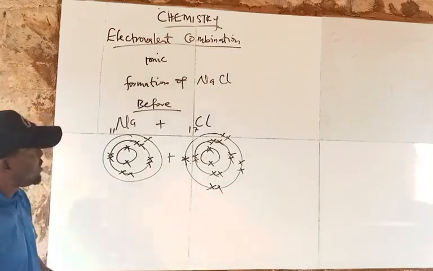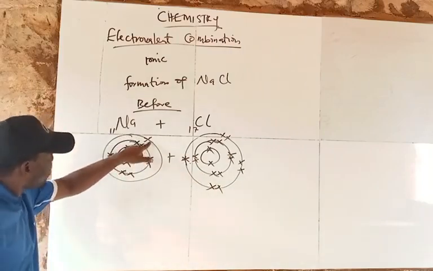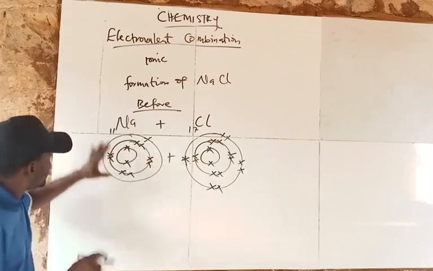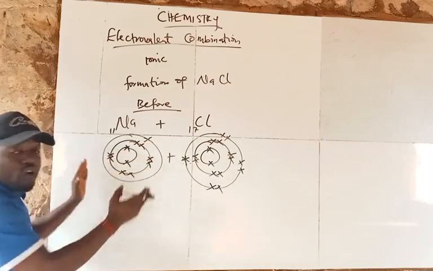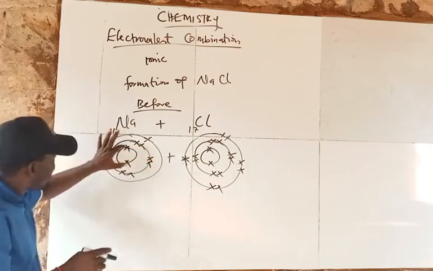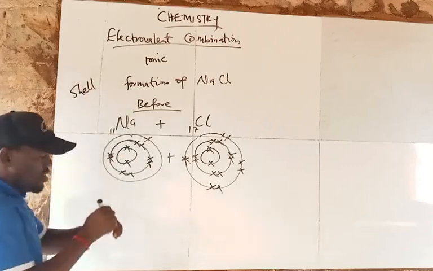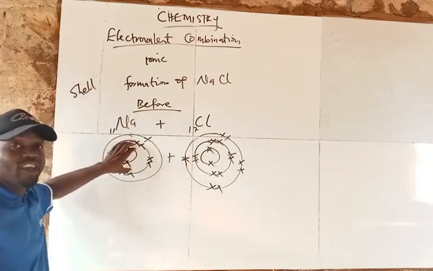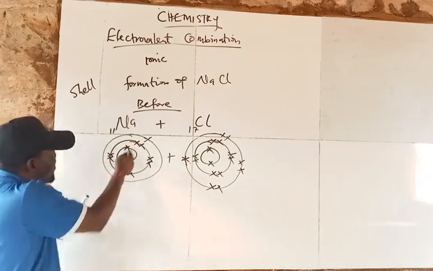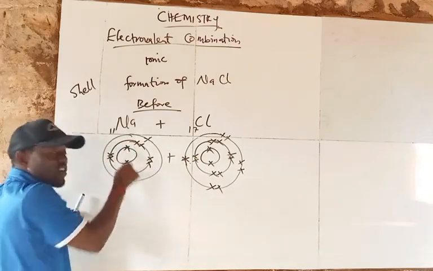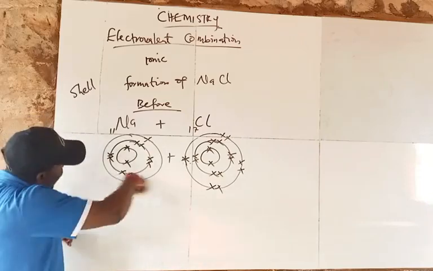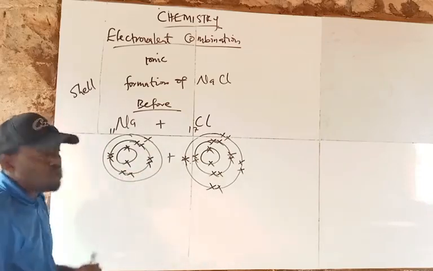You see that this one is having one electron. The last shell is what we call the outermost shell, while the first shell is called the innermost shell. That's this circle. The inside one is called the innermost shell, while the outer one is called the outermost shell.